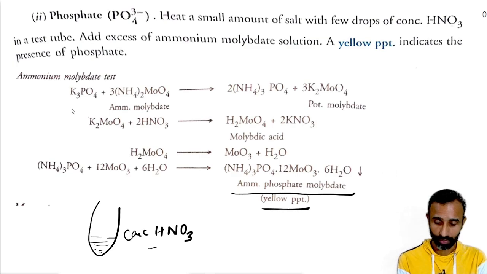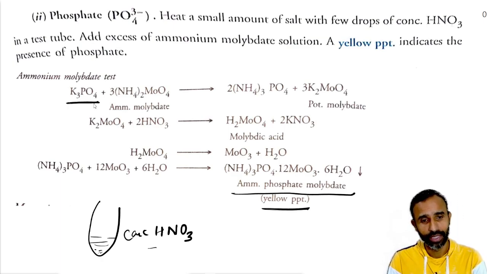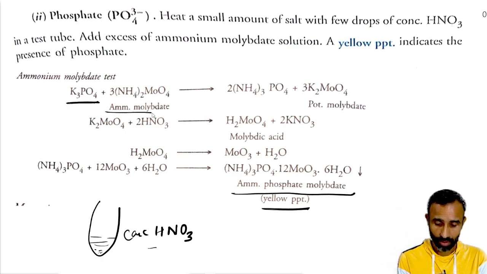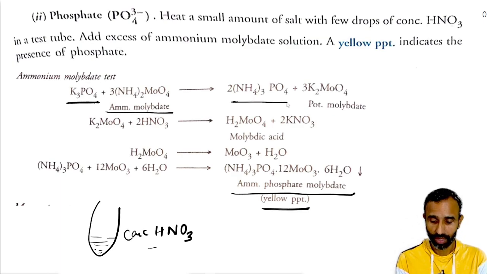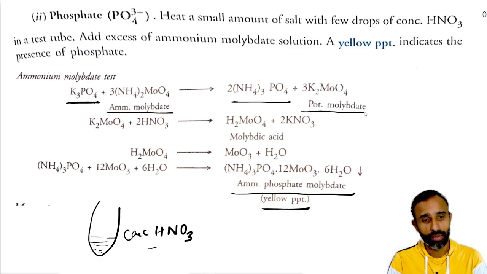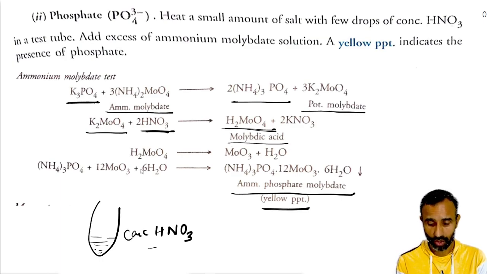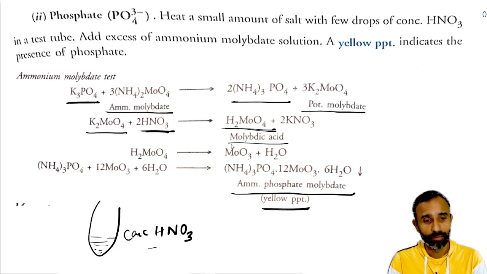So see, first what we do, we have, let us say, potassium phosphate. On adding ammonium molybdate, we get ammonium phosphate and potassium molybdate. Potassium molybdate, when nitric acid is added to it, gives molybdic acid, and this molybdic acid gives MoO3.